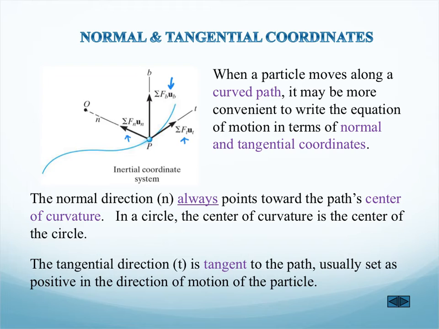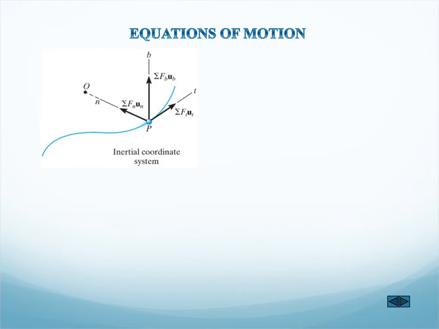So remembering that the normal coordinate points towards the center of curvature, if we were over here, the center of curvature would switch sides. We learned about that in the last chapter. So if we look at the equations of motion, breaking down F equals ma, the sum of the tangential forces equals the mass times the tangential acceleration.